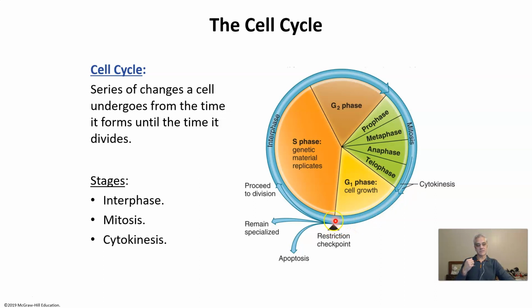Now, this point here is called the restriction point. At that point, the cell has to decide which way it is going to go. Is it going to divide? Or should it not divide? Or is it out of control? So there are certain internal checks and balances that your cells undergo.